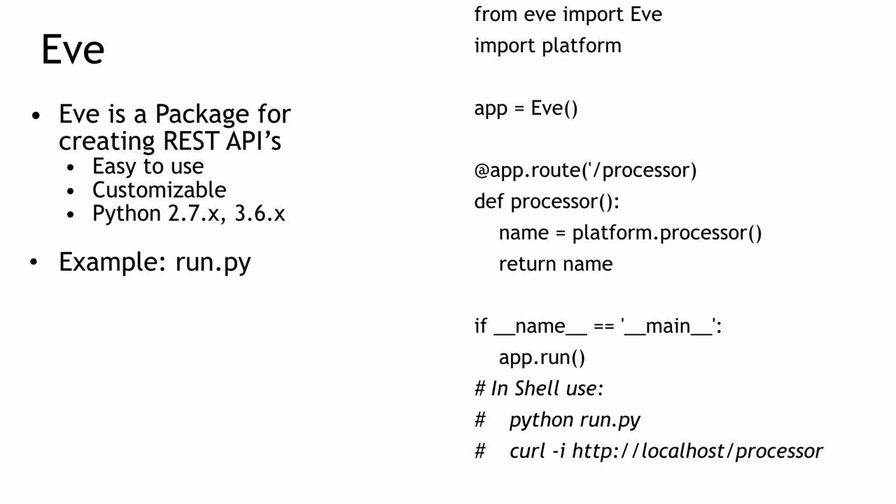Now, one thing that we need to be doing now is we need to create a URI or a route to what will happen when I'm asking my web service for a particular resource. In this case, we create a resource that we call processor. We define a function called processor in which we call the platform processor and redirect the output to name and then return the name itself.